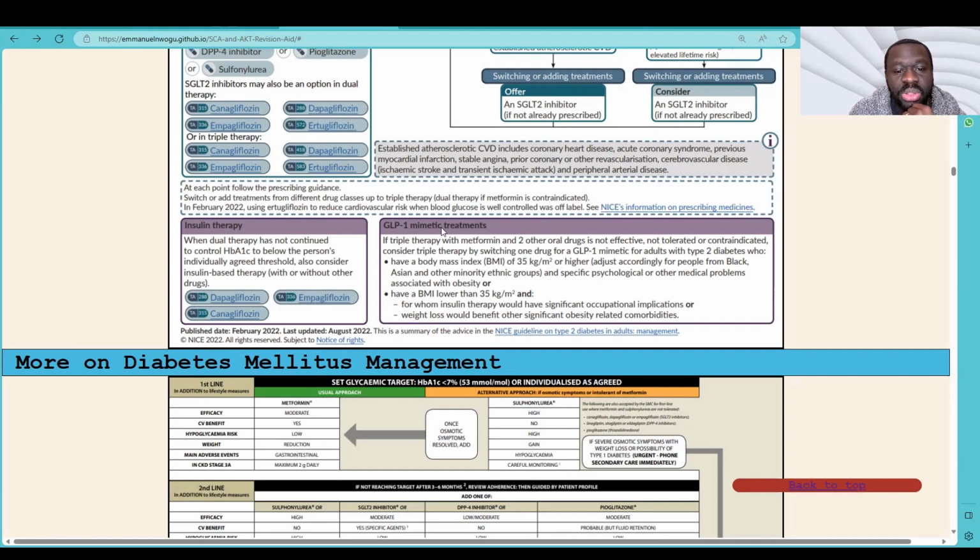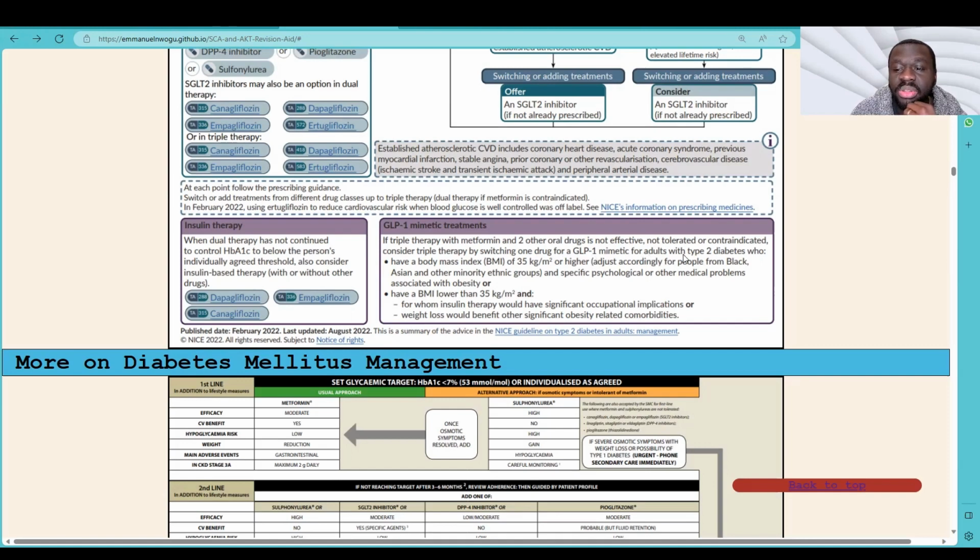GLP-1 mimetic treatments: if triple therapy with metformin and two other oral medications is not effective, not tolerated, or contraindicated, consider triple therapy by switching one of the medications for a GLP-1 mimetic.